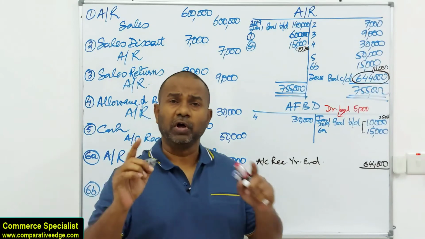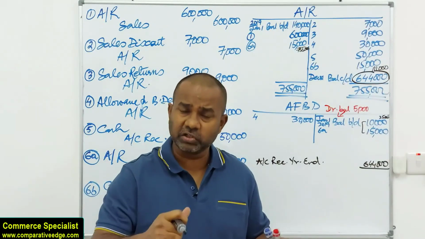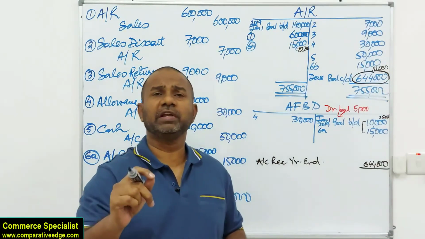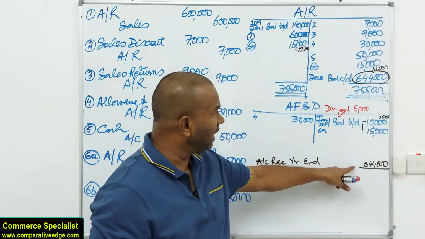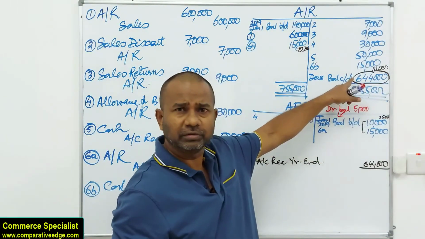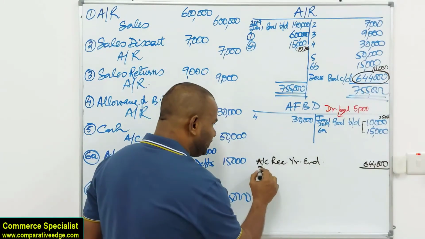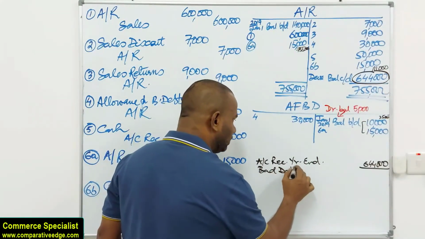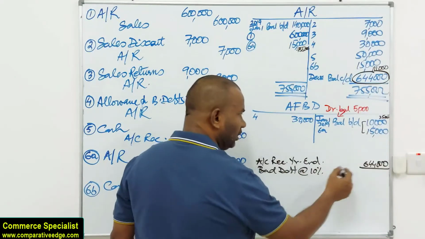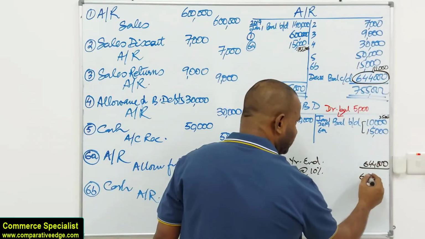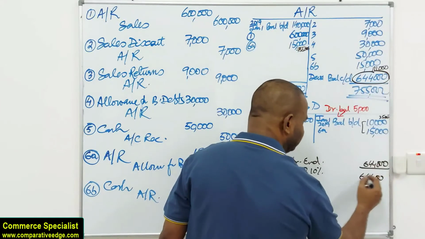The company's policy in the question, you can rewind and check if you want, was estimating bad debts at 10% of year-end balance. We already have the year-end balance thanks to the T account. Now, bad debts at the rate of 10% of this amount, which will give you 64,400.